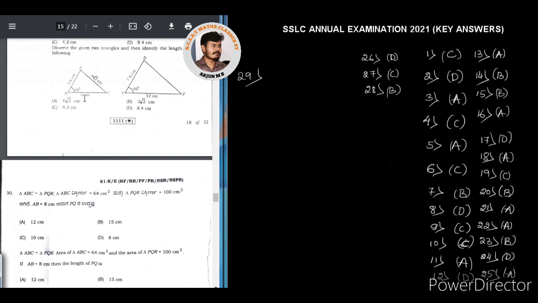These two are similar triangles because 3.8 twos are 7.6 and similarly 6 twos are 12. So now you should multiply 2 by 3 root 2. So here 3 root 2 into 2 is equal to 6 root 2 centimeter. So that's why option A is the correct answer for 29th question. Option A, 6 root 2 is the right answer.